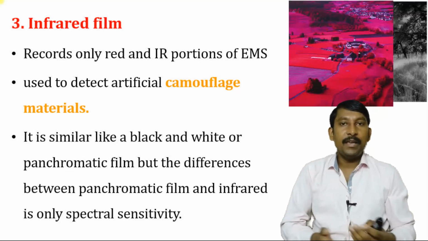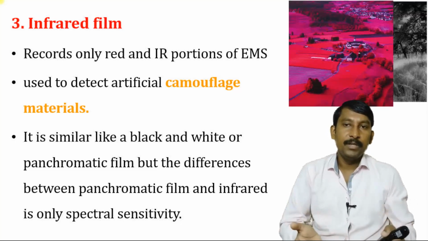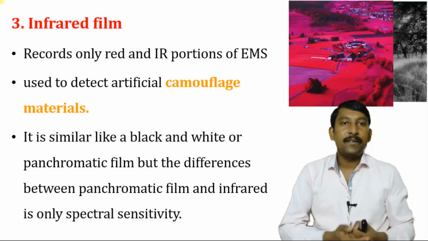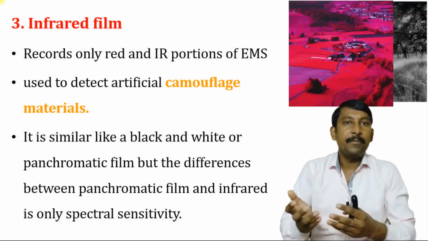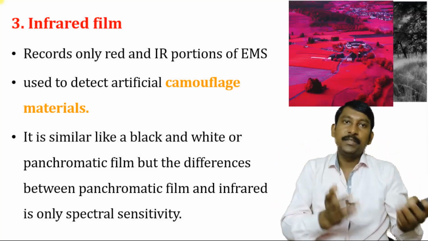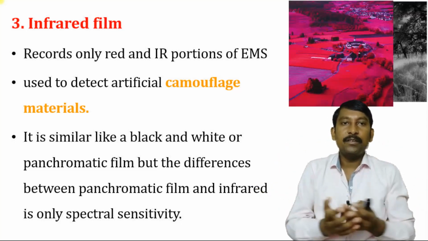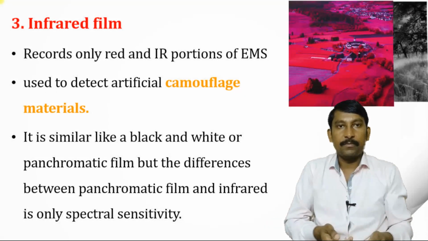It is similar to black and white or panchromatic film, but the difference between panchromatic film and infrared film is only the spectral sensitivity. In panchromatic films you use a single band, but in infrared you use the red with infrared band. This is the major difference between infrared film and panchromatic film.